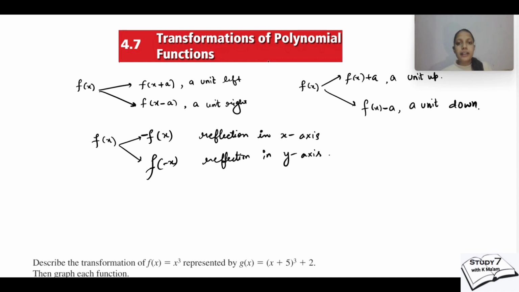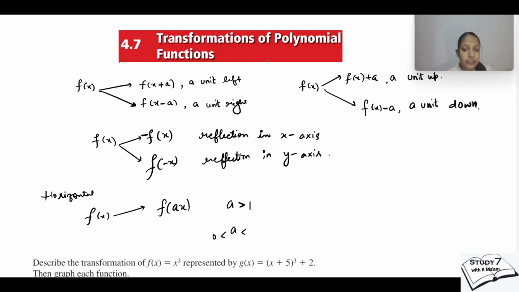Okay. Then there are stretch and shrink. There are two types, horizontal and vertical. In the case of horizontal, where f(x) is given, it will be changed into f(ax). Inside, x is multiplied. And a can be greater than 1 or between 0 and 1.